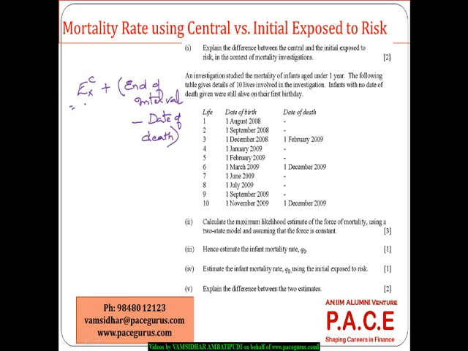When I look at the central exposed to risk and I add up the difference between the end of the interval and the date of death, we arrive at the initial exposed to risk.